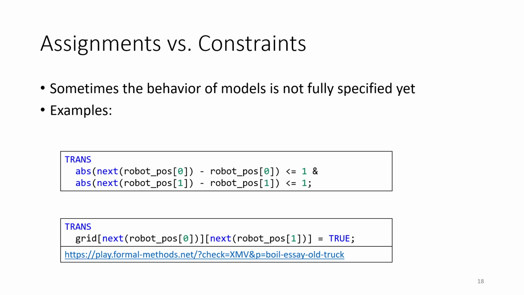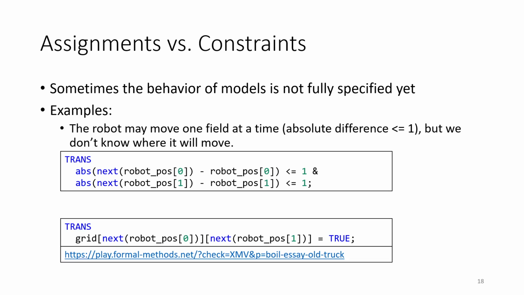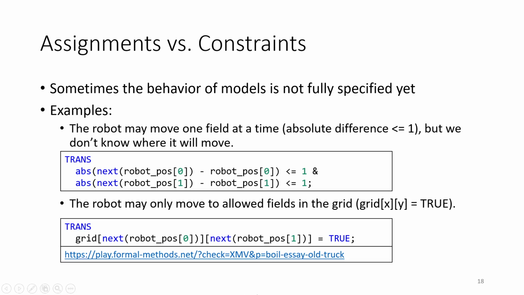So this is a further constraint on the robot. It says the robot can only move. The next positions must be on fields in the grid that are true, so that are a field where the robot can actually move to. Yeah, this would be the explanation.